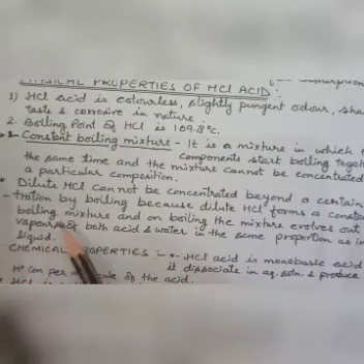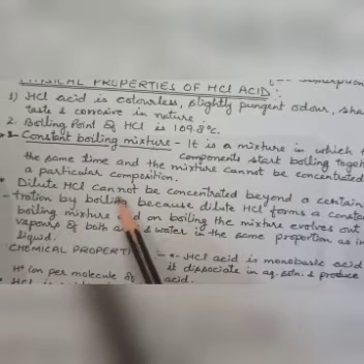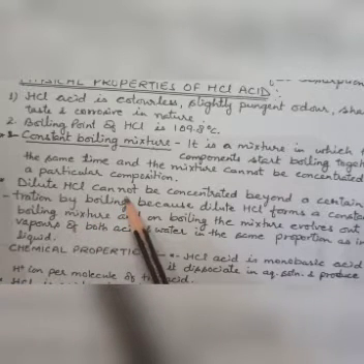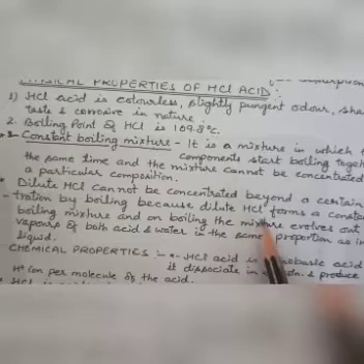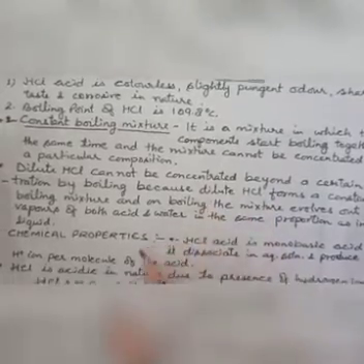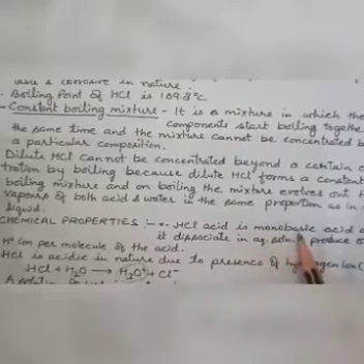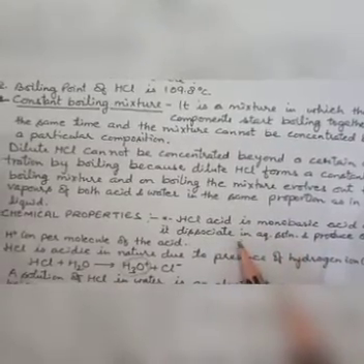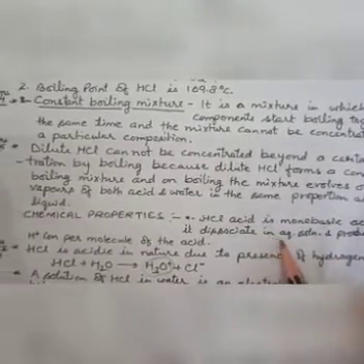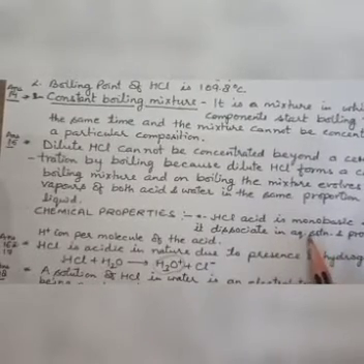That's why we cannot concentrate dilute HCl beyond a certain concentration by boiling. Now next is your chemical properties. All of you know hydrochloric acid is a monobasic acid because it dissociates in aqueous solution and produces what?